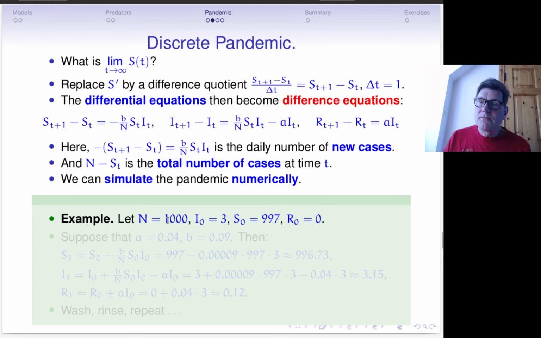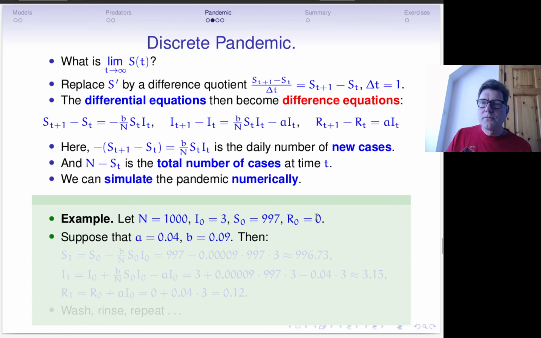We start with a size of the infected people of 3. That's 0.3%, and that leaves 997 susceptible. And at that point in time, at 0 in time, no one is recovered yet, so R is 0.